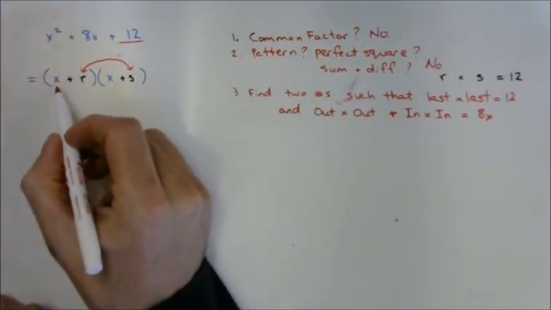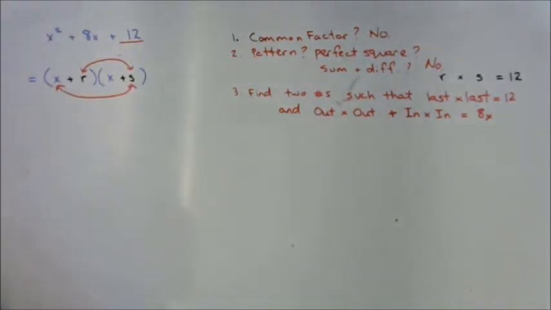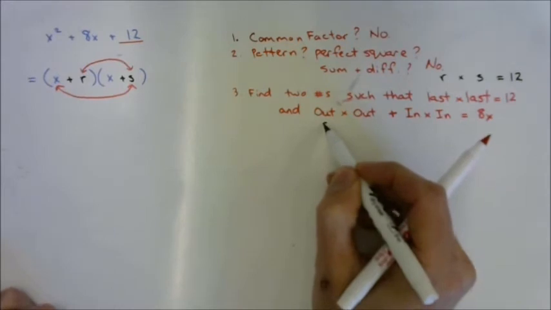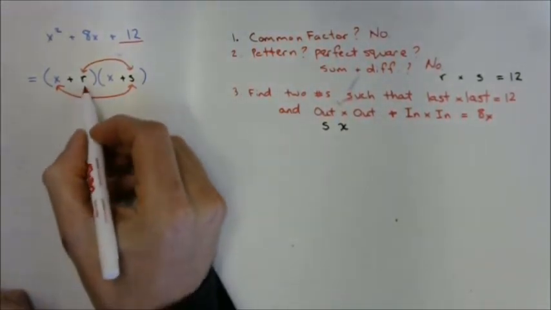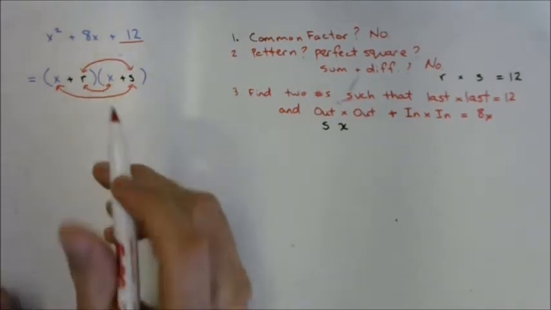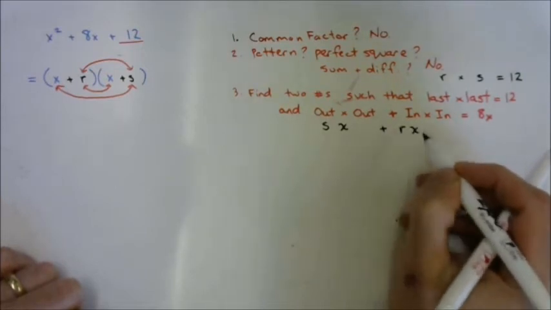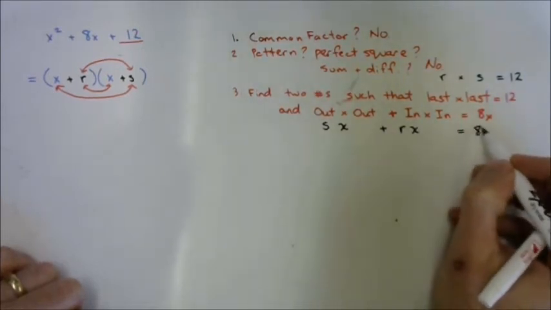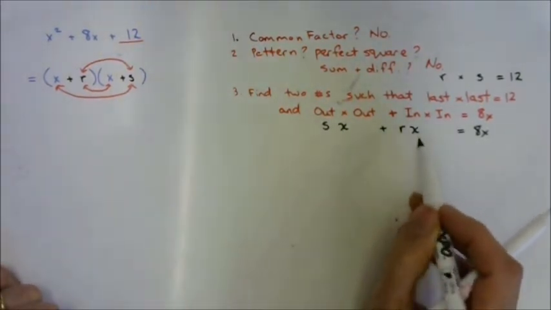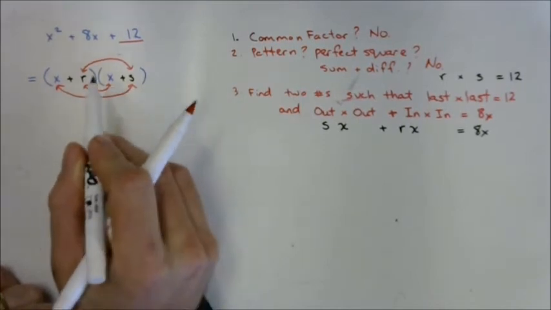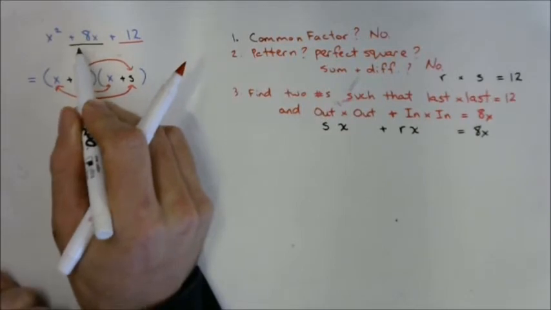Let's talk about this part. Outside times outside is s times x, which is sx. Inside times inside is r times x. It's going to be rx. Again, that equals 8x. So you can see already these are the 2 terms that on our expansion are going to combine to make this x term, 8x.